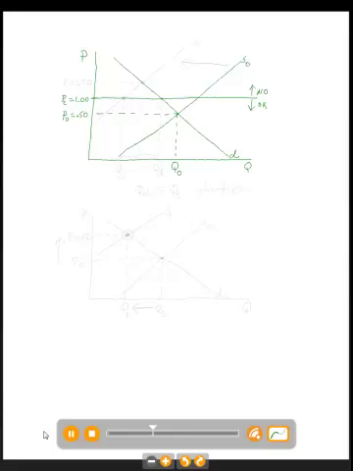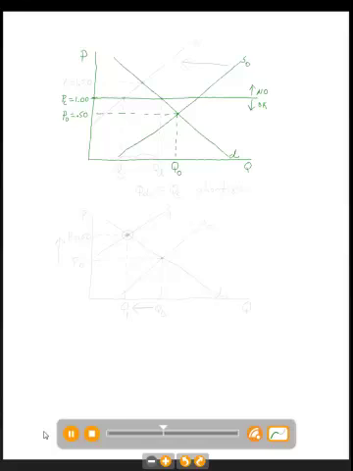So this clearly shows that at the price ceiling of $1, given the supply and demand conditions prevailing in 1973, this was what we call either a non-binding or a non-effective price ceiling, because the price of 50 cents per gallon was in fact allowed to prevail in the market.